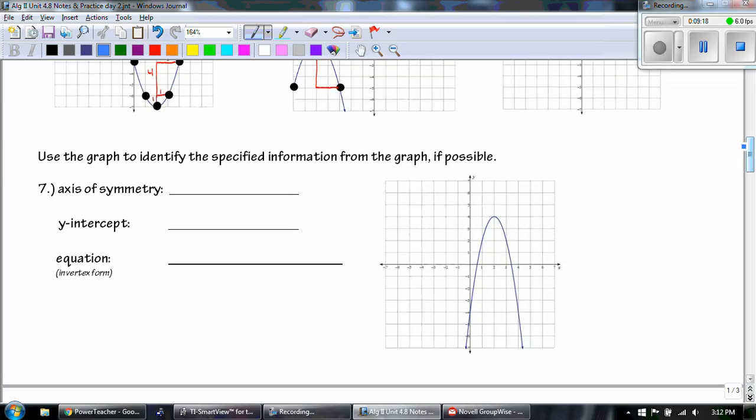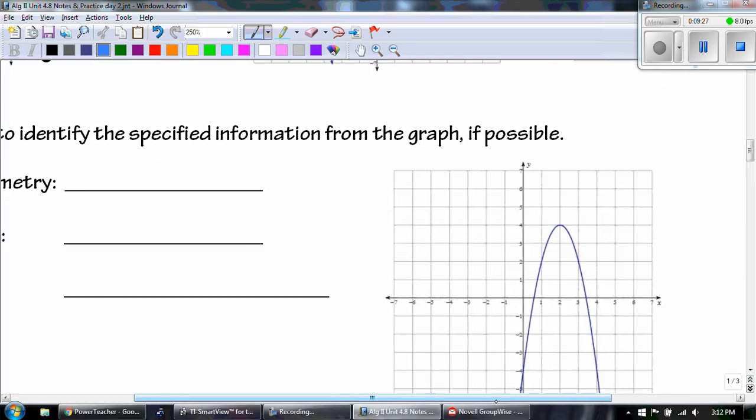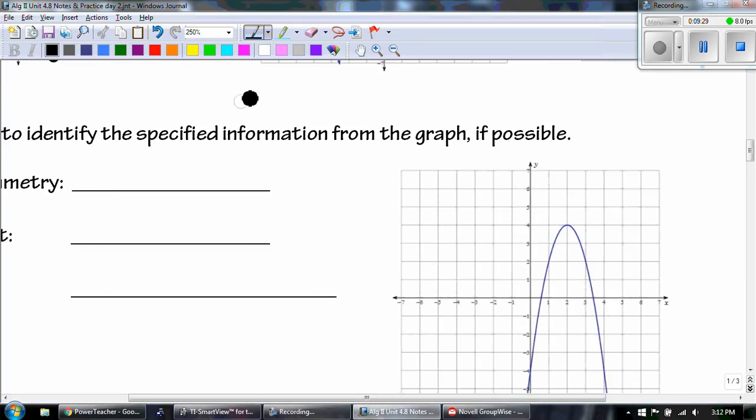So now, use the graph to identify the information from the graph if possible. So axis of symmetry. Well, remember that the axis of symmetry goes through the vertex. Okay? So if we draw our axis of symmetry in here, that's x equals 2.